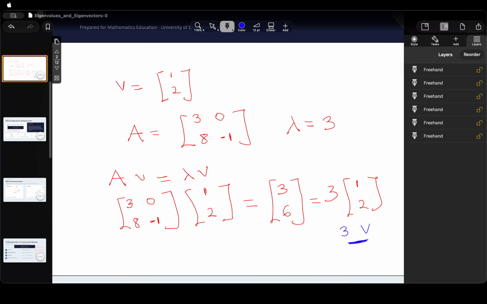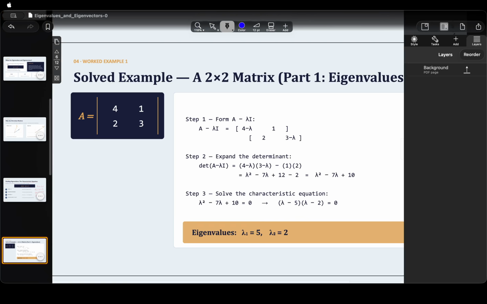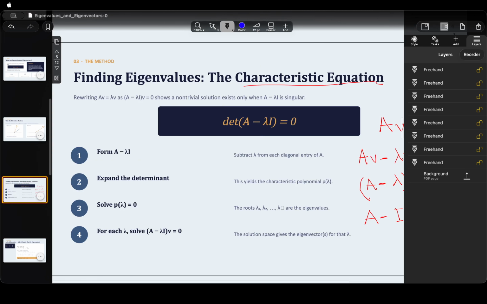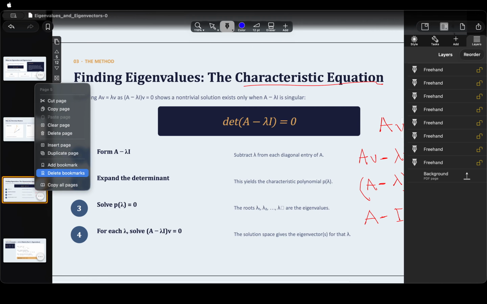It's very important if we want to compute our eigenvalues and eigenvectors. In the computation, as we expressed, we need to form this, then expand the determinant. So let's take an example.